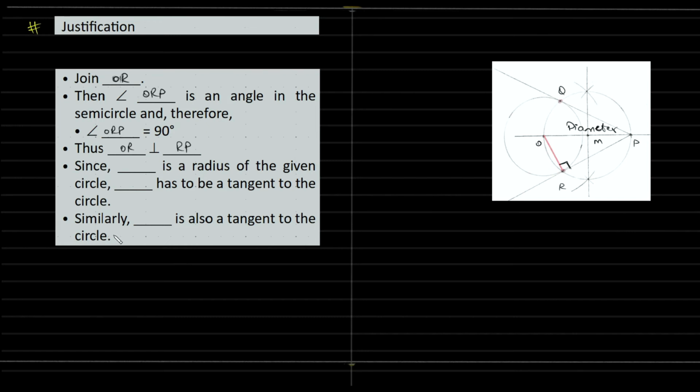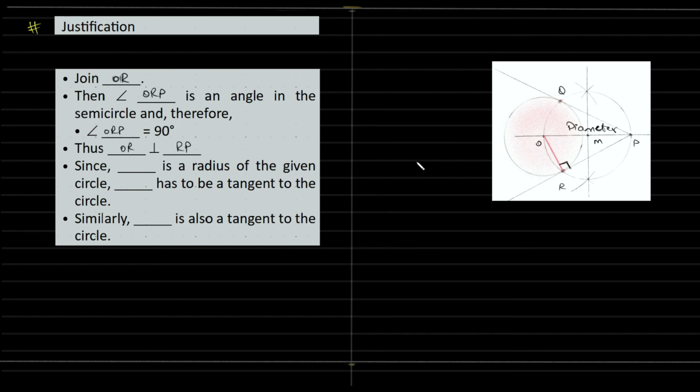Does that make sense? Again, this is the circle to which we are trying to draw the tangent. Don't get confused with the other one. Please understand that we are to draw the tangent for this circle. The other circle is just there to help us out. Now, OR and PR make 90 degrees.